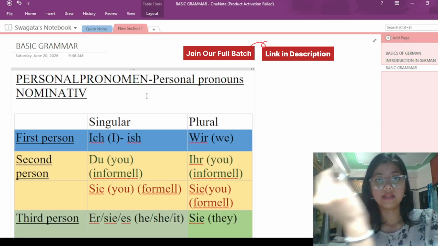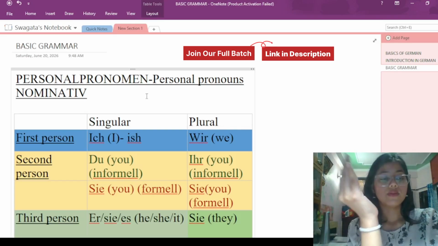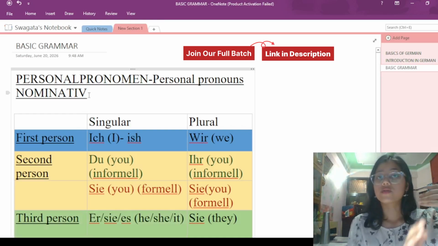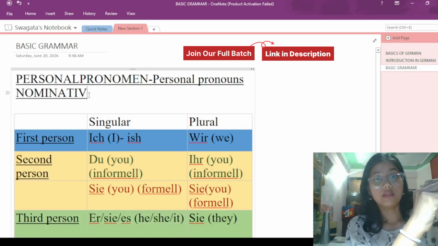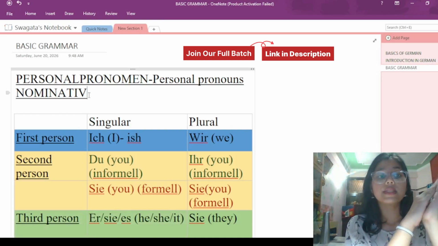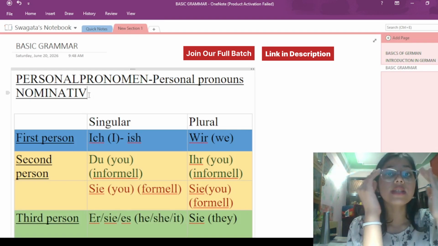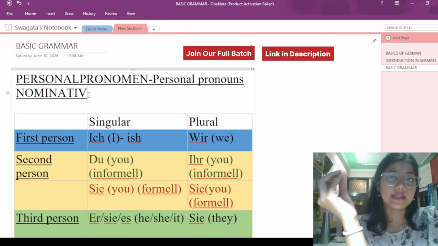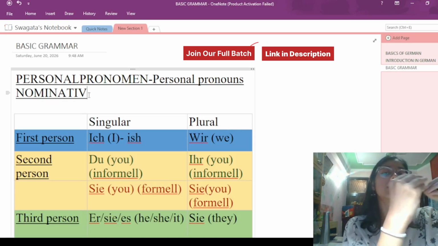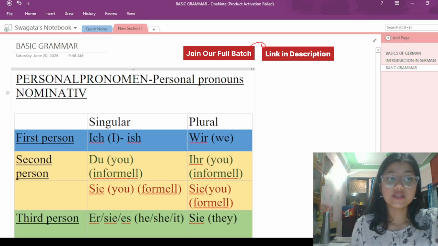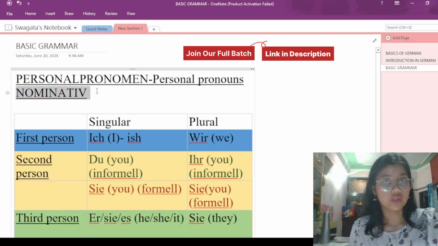It's the ground case, which describes the subject. So we are going to learn the personal pronouns of this particular case, which is the most basic case in German.